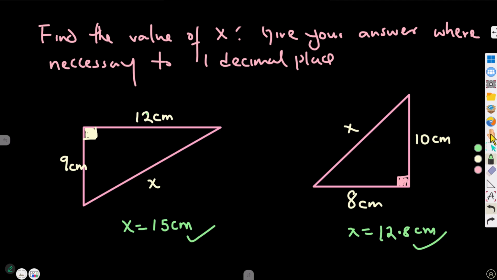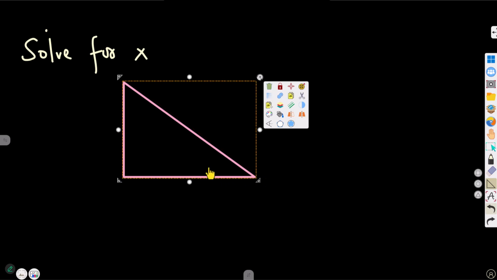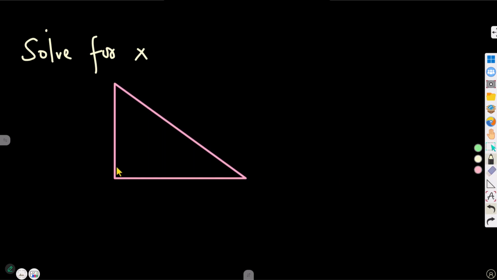All right, let's go. So here we have a right-angled triangle, and this side is 10. The longest side has now been given to you. And then this side, we don't know, and maybe here is 8 centimeters. So you need to solve for x.